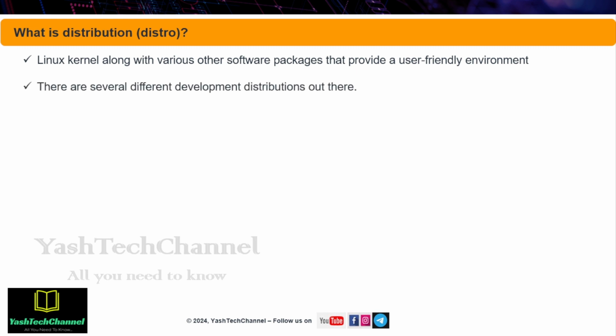So there are different distributions out there. When you talk about the outside market, we have different software providers. Red Hat is the top one, the leading company providing the operating system for enterprise workloads.